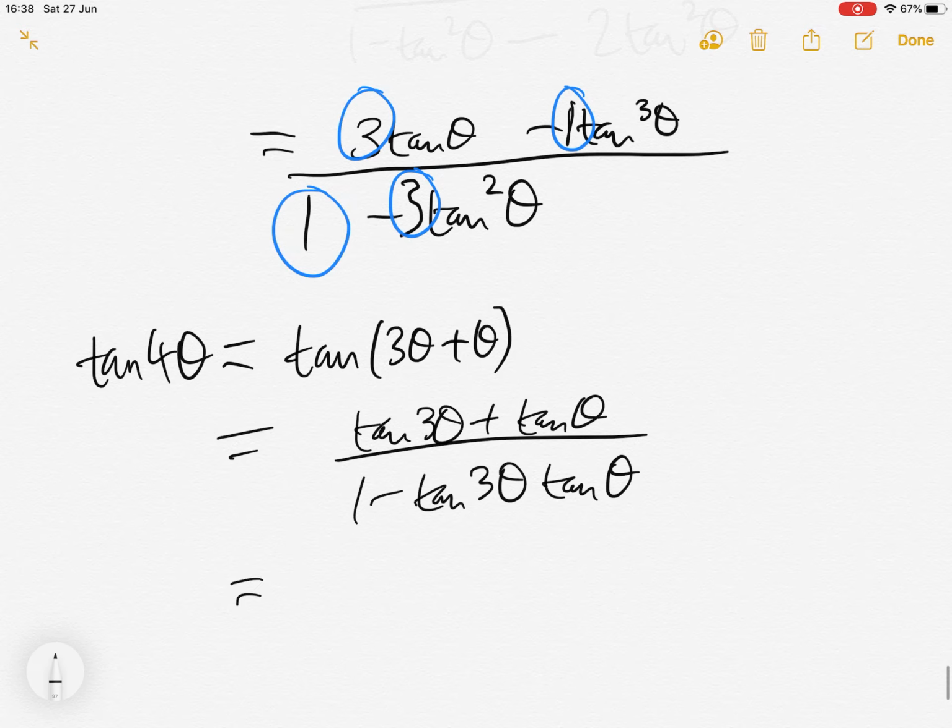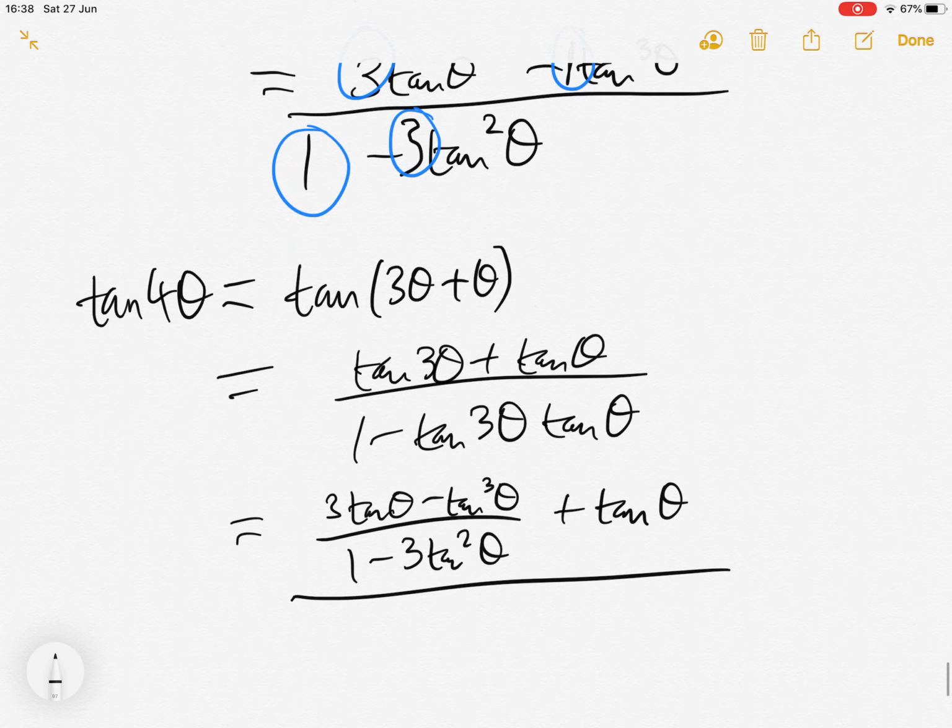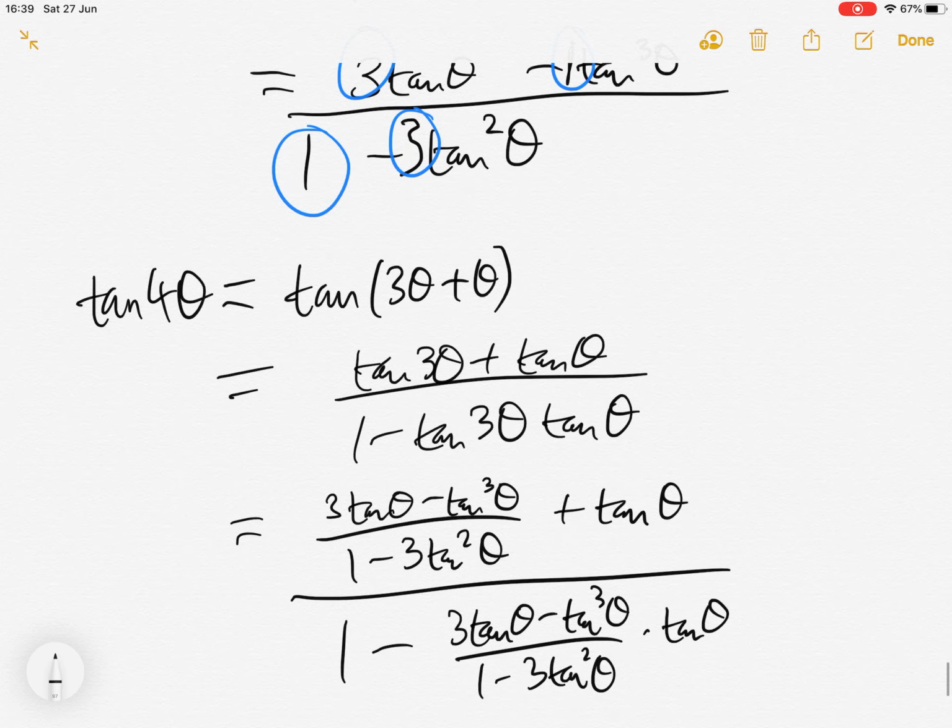And then let's just use our previous answer. That's 3 tan theta minus tan cubed theta over 1 minus 3 tan squared theta plus tan theta all over 1 minus 3 tan theta minus tan cubed theta over 1 minus 3 tan squared theta times tan theta.